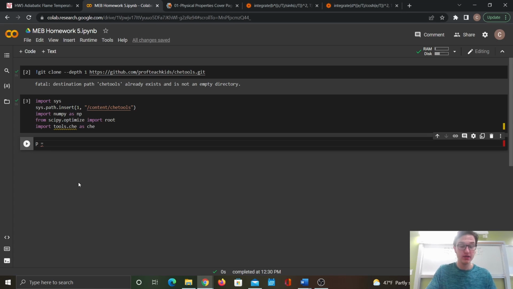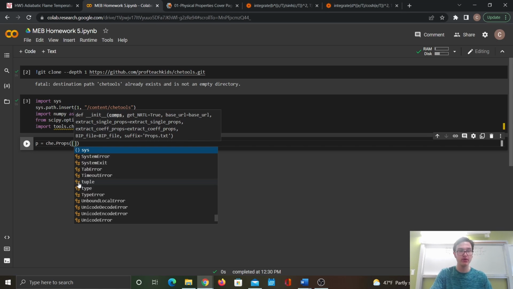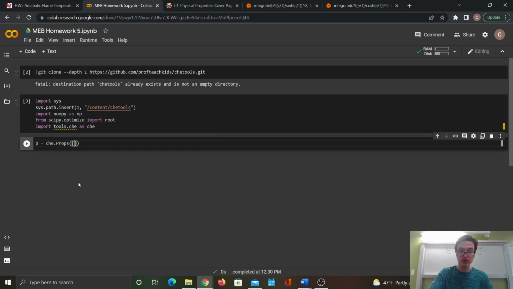So we want actually now che.props, or we're using our che tools now to get the properties. And from it, we want to make an array. Because this array will now be used throughout the code to get the heat capacity and get the enthalpy of everything in this array.